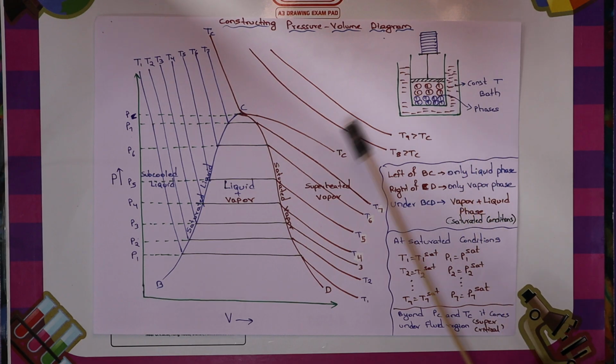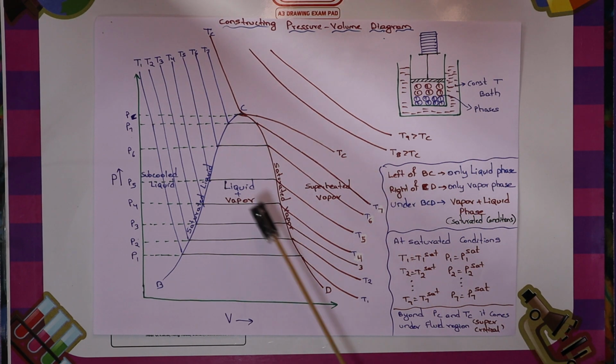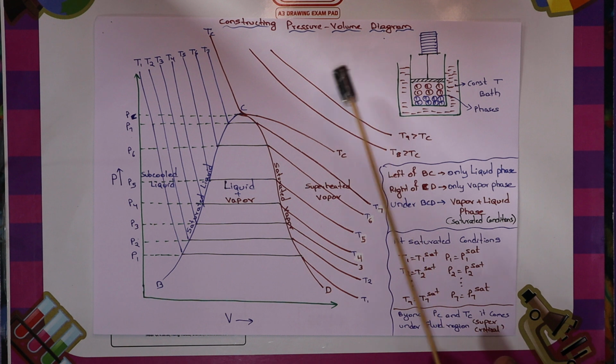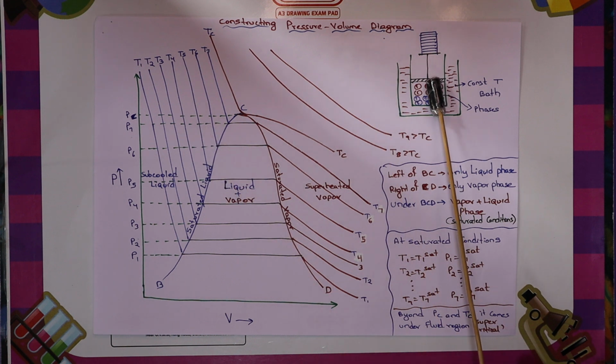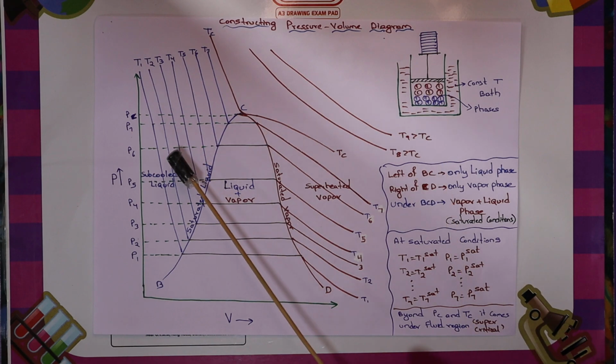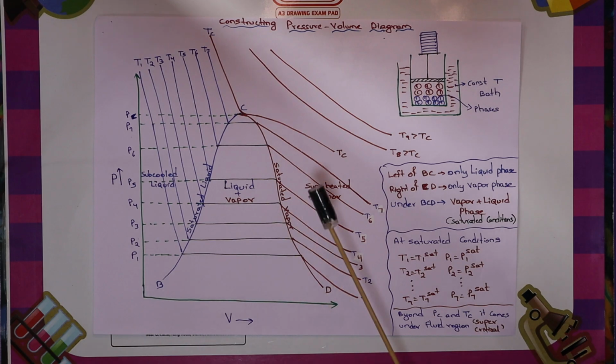So the majority of the information we can get from constructing the pressure volume diagrams. I hope you now get an idea, because this is the idea required to go for the PVT calculations. Before we go to the pressure, volume, temperature calculations, it is time to identify whether we are on the liquid side or the vapor side. How can we identify that?